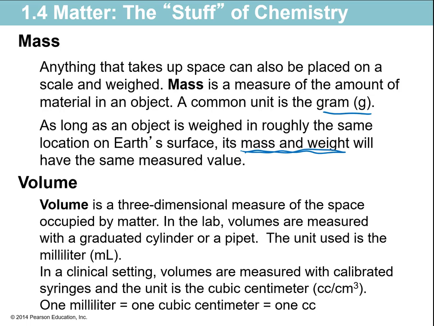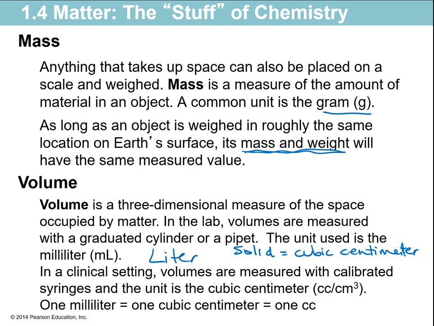Volume is the other thing. Remember, all matter has mass and takes up space. Volume is the amount of space a substance takes up. Volume can be measured with the liter, so the base unit is the liter. We could measure in milliliters or kiloliters. Solids are commonly measured in cubic centimeters, because solids have a height, a length, and a width.